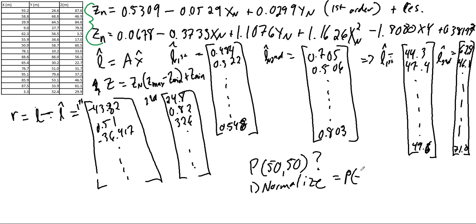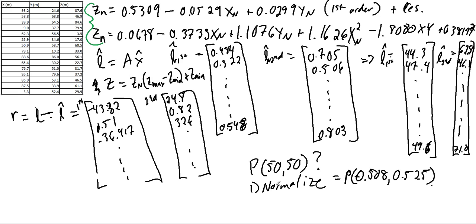So we go 0.508. That's my X, and then 0.525, which is my Y. Now I can use both the X and the Y to calculate it.